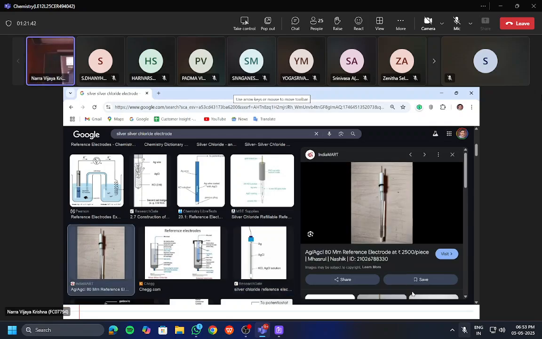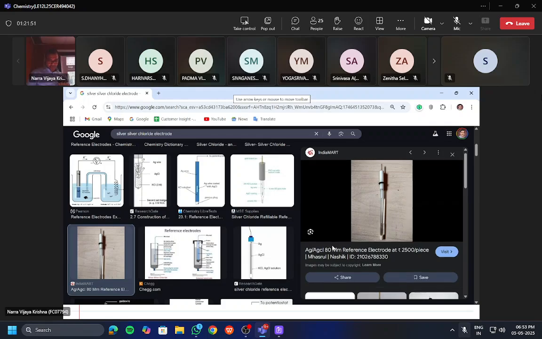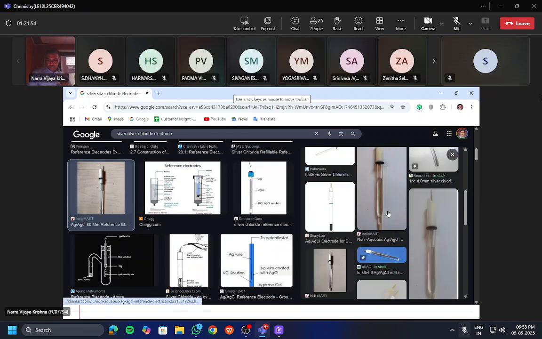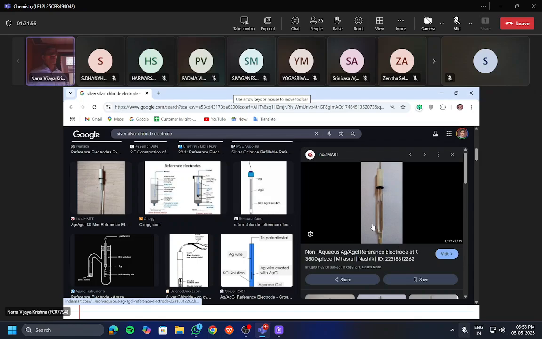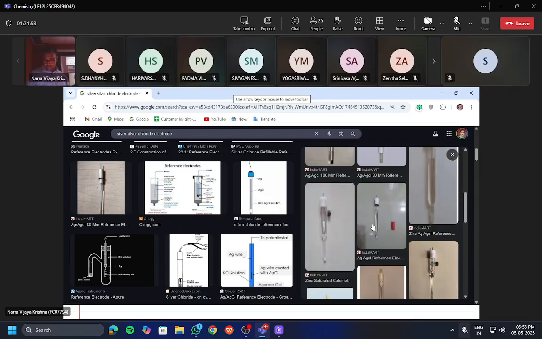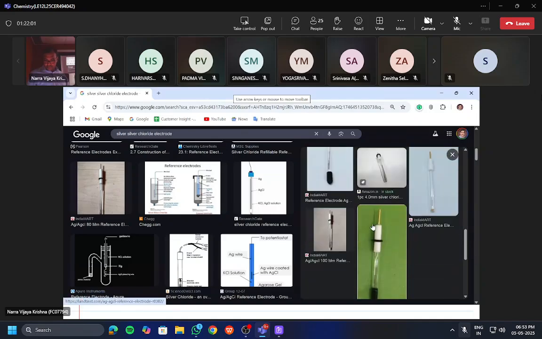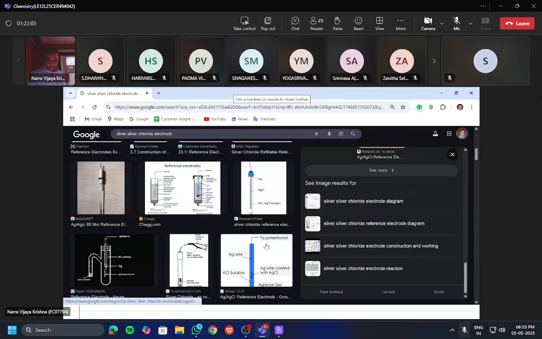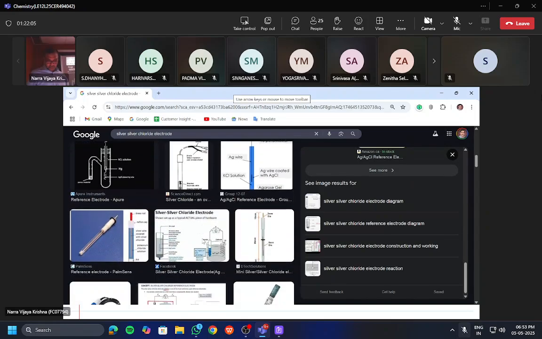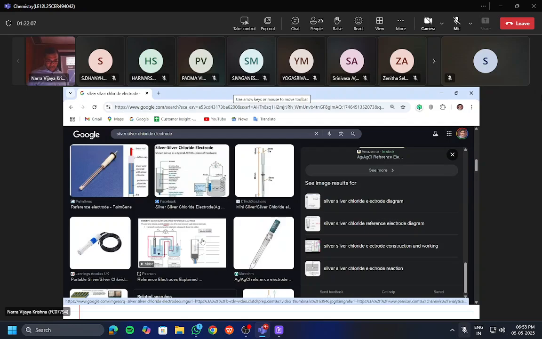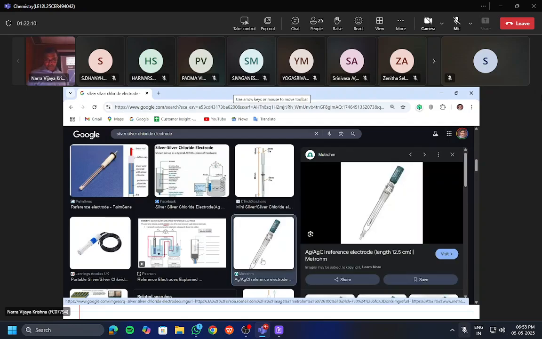In practical terms, in reality, the cell looks like this. Silver wire, AgCl salt will be there, and KCl aqueous solution will be there. All these are the same silver chloride electrodes.